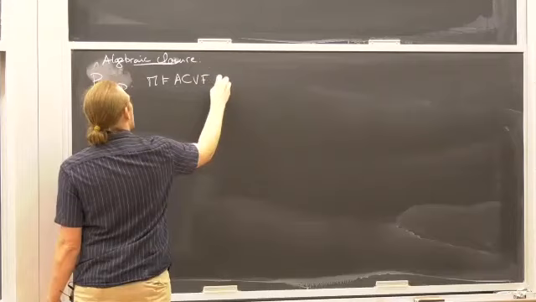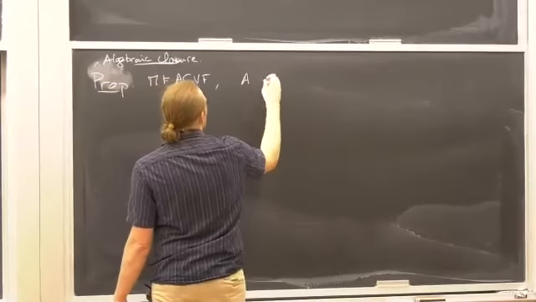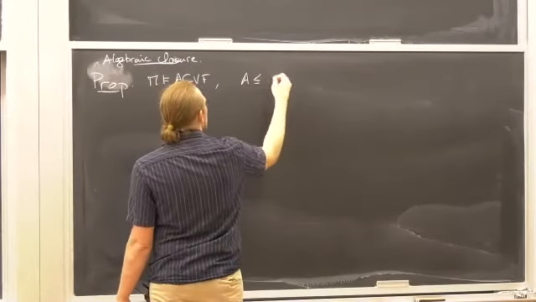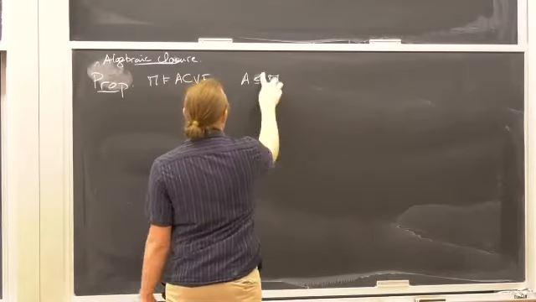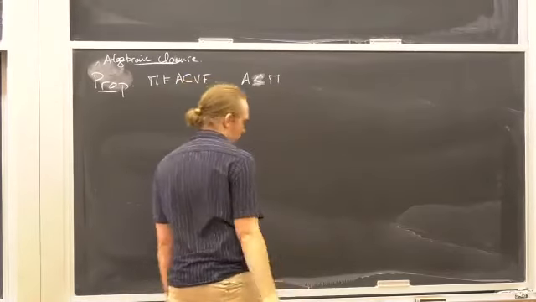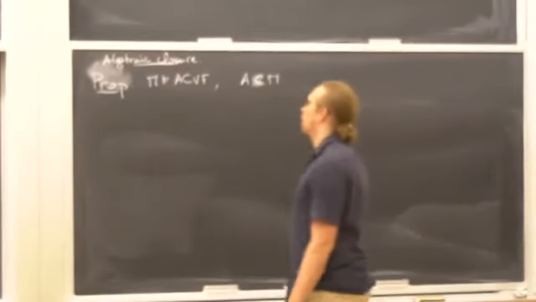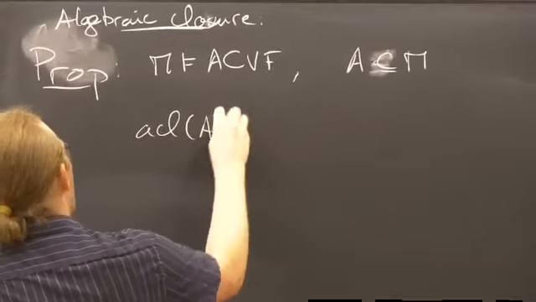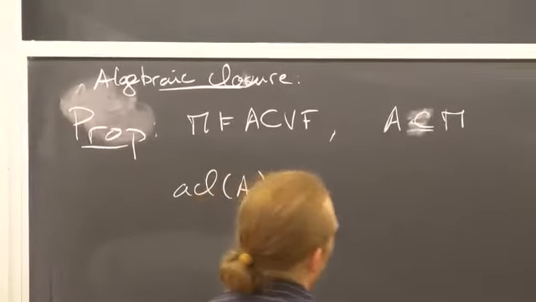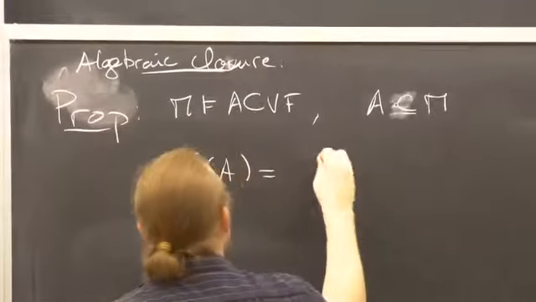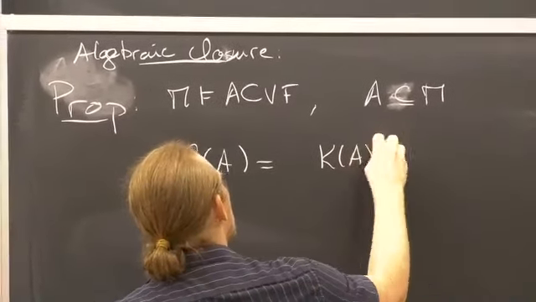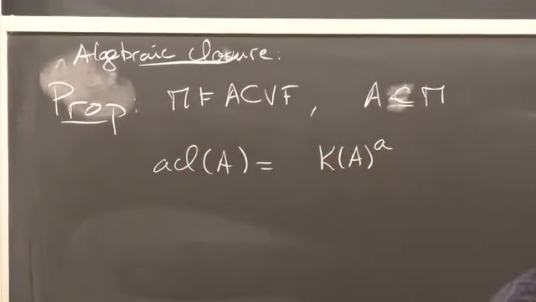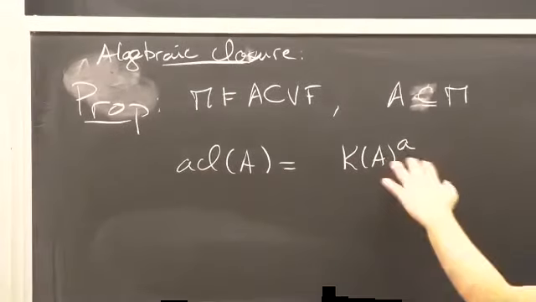So you take M, a model of ACVF, and you take A, a subset of M, in all three sorts. Then what is ACL of A? In the K sort, you take KA, and you take the algebraic closure, where once again, I'm being very abusive with this notation.